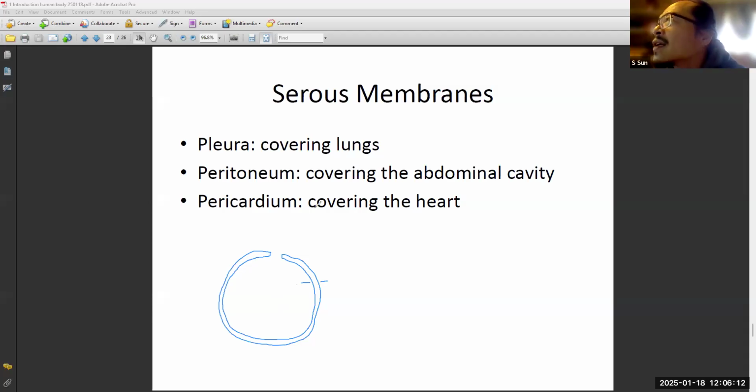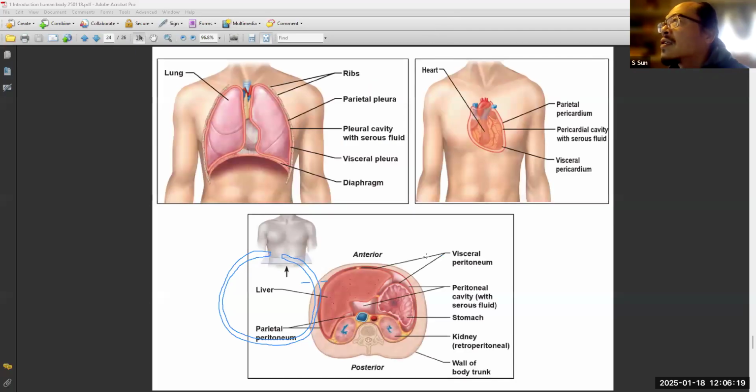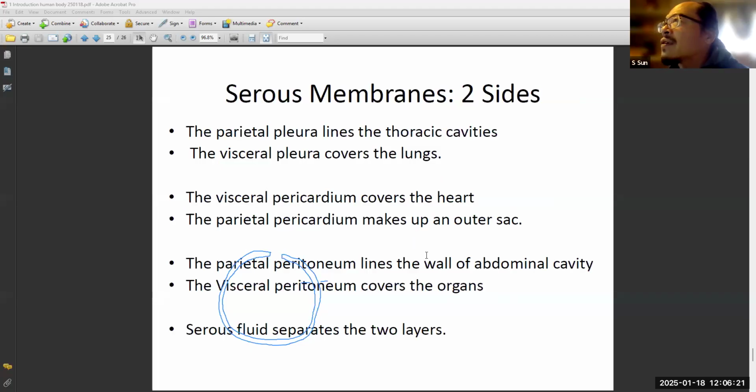Okay, I can stop drawing. This membrane has a visceral side, which is the one facing the organ. The outside, not facing the organ, is thicker and more durable. This outside is called parietal. So parietal membrane, visceral membrane.